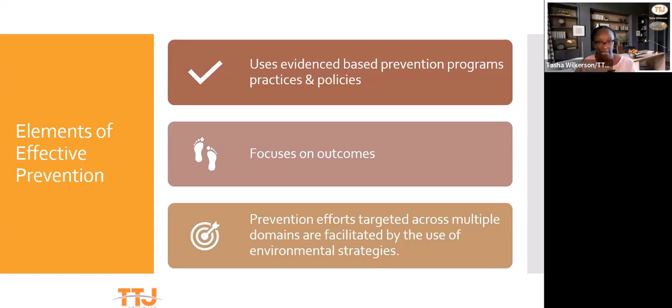One of those domains being young people. So we build our program around young people. Then we grow out and build around the peers that impact that youth. So we have strategies that focus on peer-to-peer interactions.